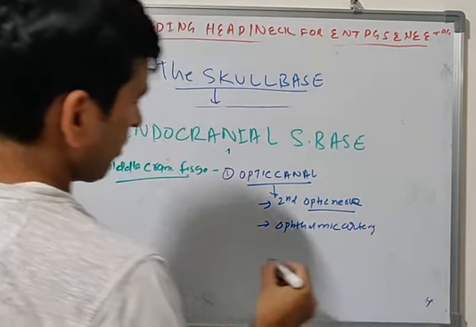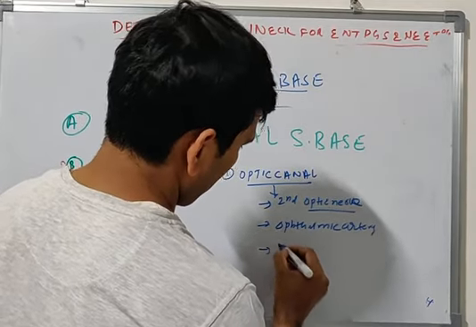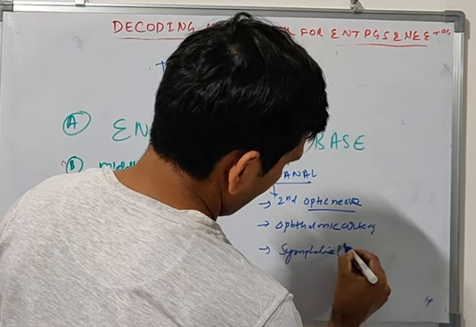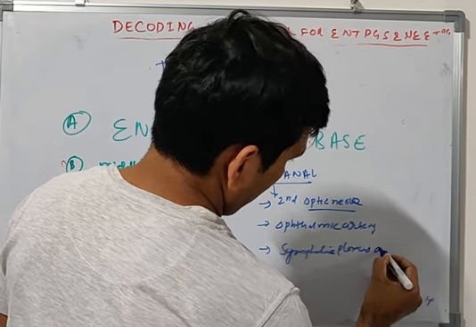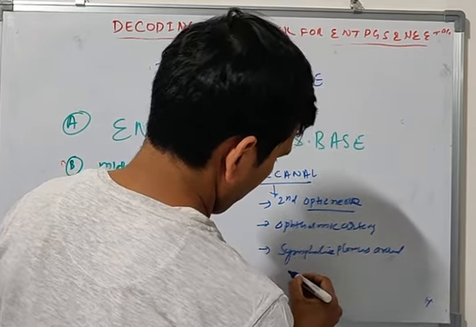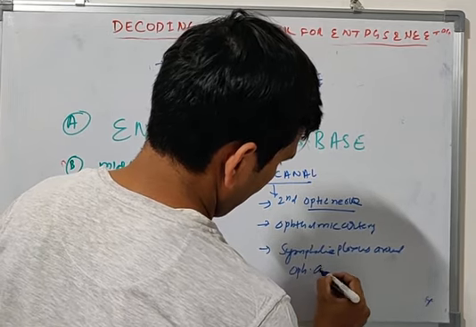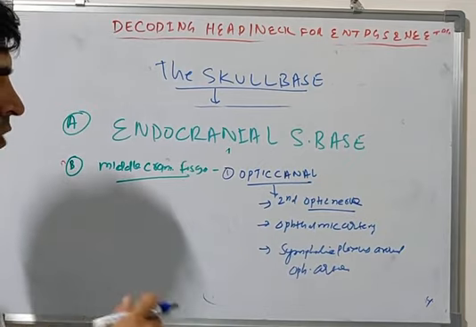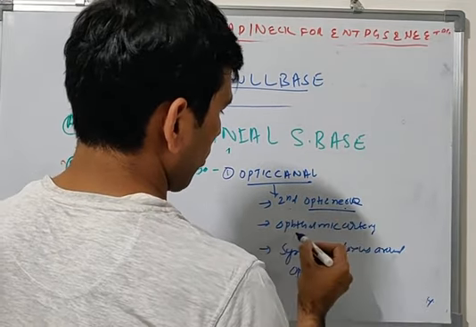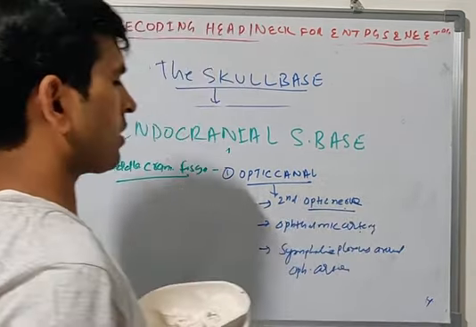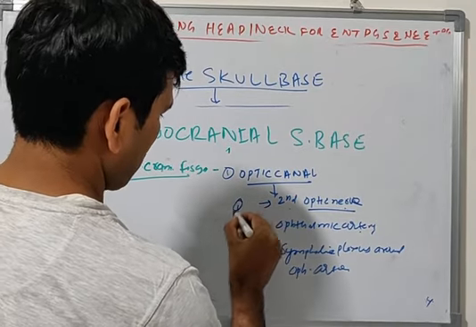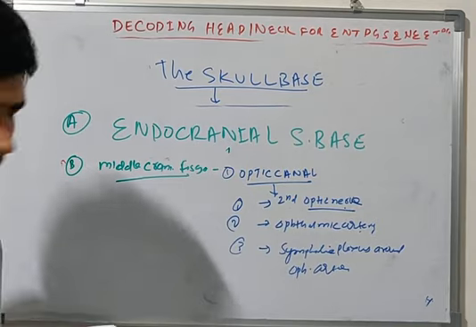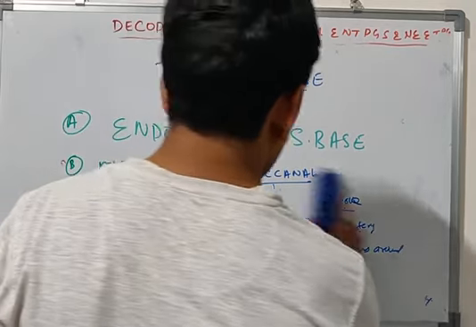Another important structure passing through this is the sympathetic plexus around the ophthalmic artery. So these three structures pass through the optic canal: the optic nerve, the ophthalmic artery, and the sympathetic plexus around it.